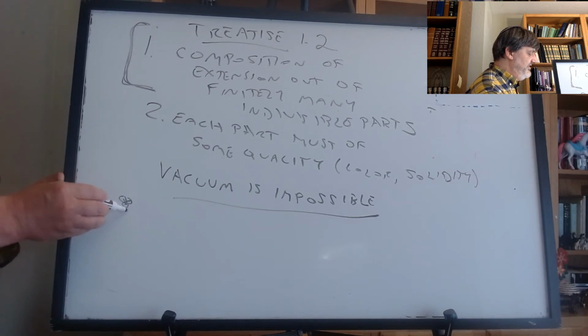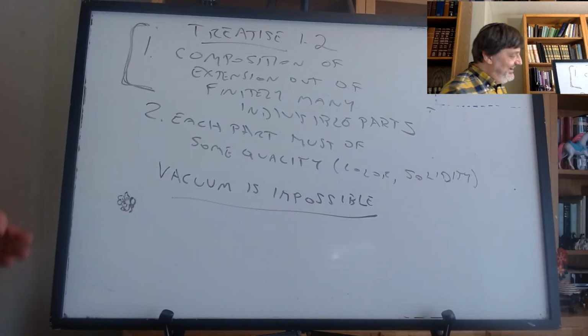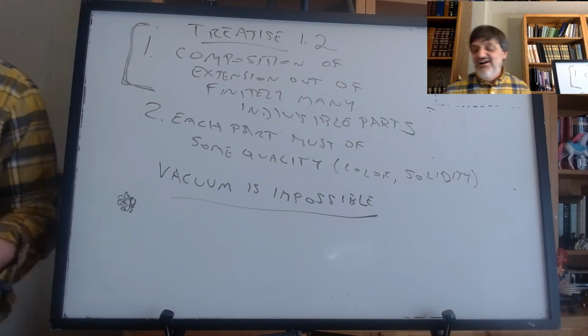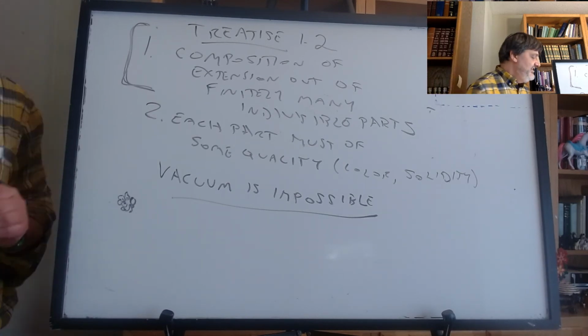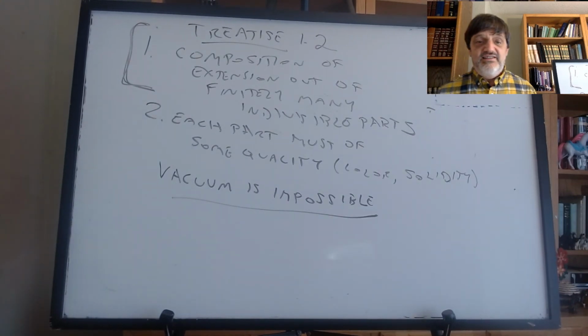So if everything's all full, nothing can move. There must be at least one tiny little space. All we need is one tiny little space, and then everything can move. But there must be at least one. So that's the argument that Hume is entering into here.